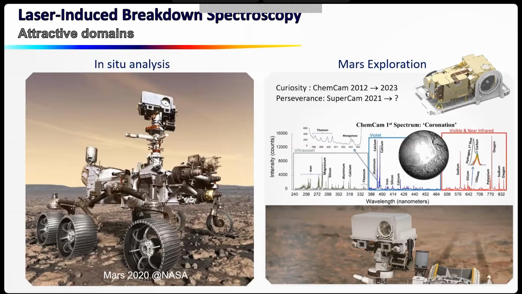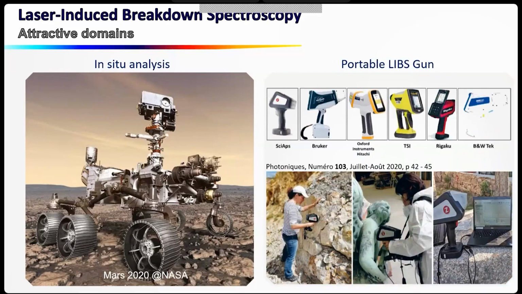This instrument, the ChemCam head here, was developed by the CNRS in Toulouse in collaboration with the Los Alamos Institute in the US, and uses a telescope that allows you to focus the laser beam up to 7-10 meters and also collect the light.